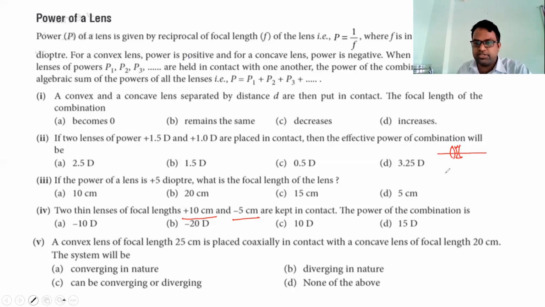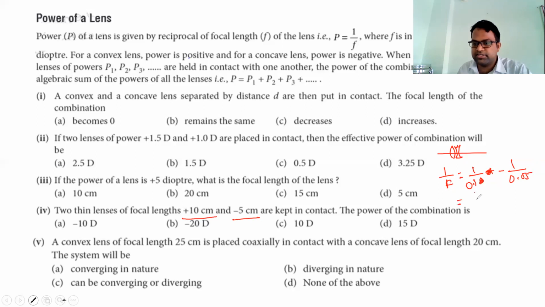The combination power will be 1/10 plus, converting to meter, okay, because the formula is in meter. So 1/10 is 0.1 meter, plus minus 1/5. 5 centimeter is 5/100, that means 0.05 meter.